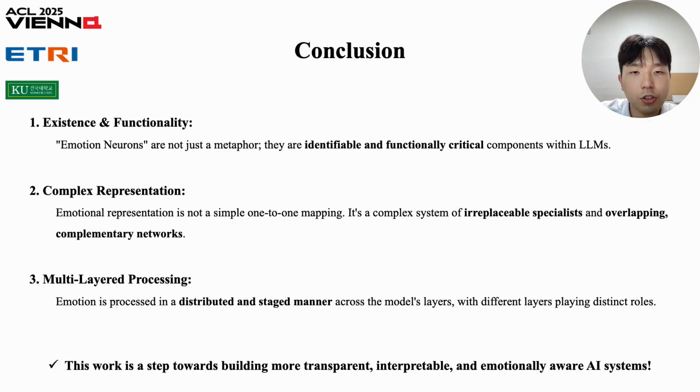How these emotion neurons behave in a multimodal context, responding to vocal tone or facial expressions, remains a fascinating open question. Ultimately, we believe this work is a foundational step towards building AI systems that are not only more capable but also more transparent, interpretable, and genuinely emotionally aware.